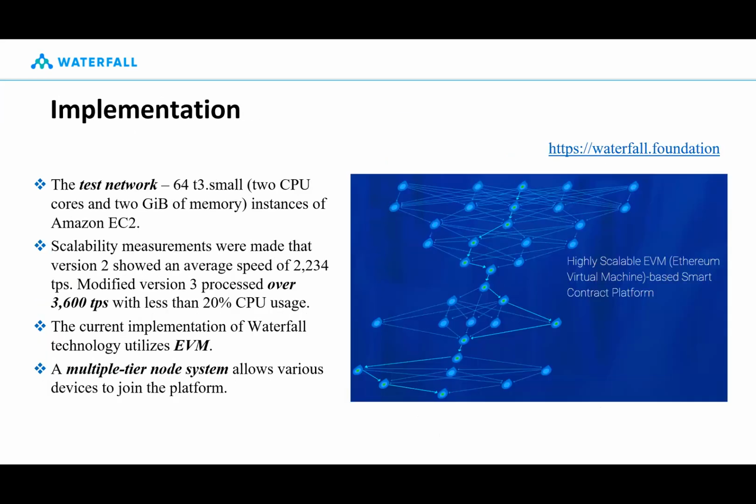So at present, the main elements of our protocol have been implemented and low-end experiments are being conducted. First of all, I would like to draw your attention to the test environment. We are using the lowest possible Amazon servers with 2-core CPU and 2 gigabytes of RAM.